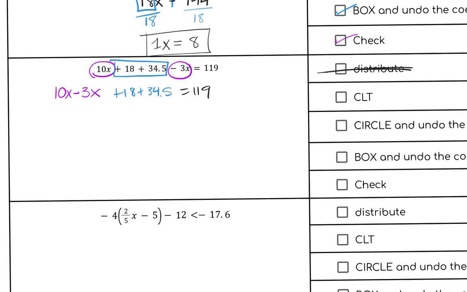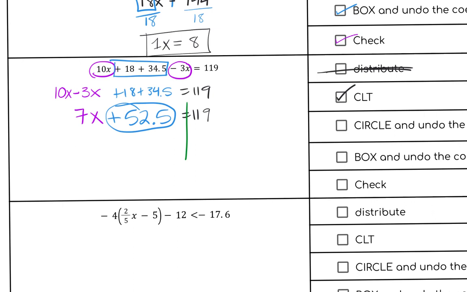Then I'm going to combine like terms. 10x minus 3x is 7x. 18 plus 34.5 is 52.5. And then I no longer have like terms on the same side of the variable, so I'm done combining my like terms. Now I'm going to circle my constant, this plus 52.5.